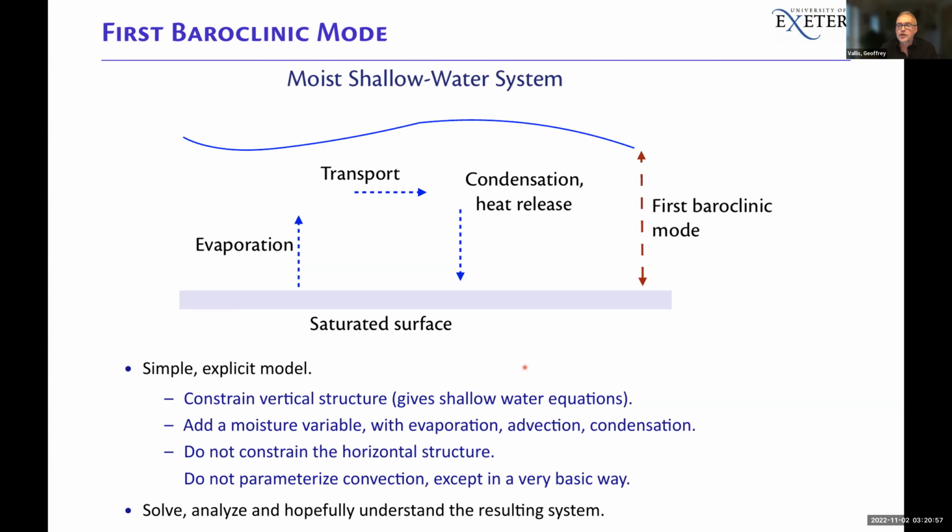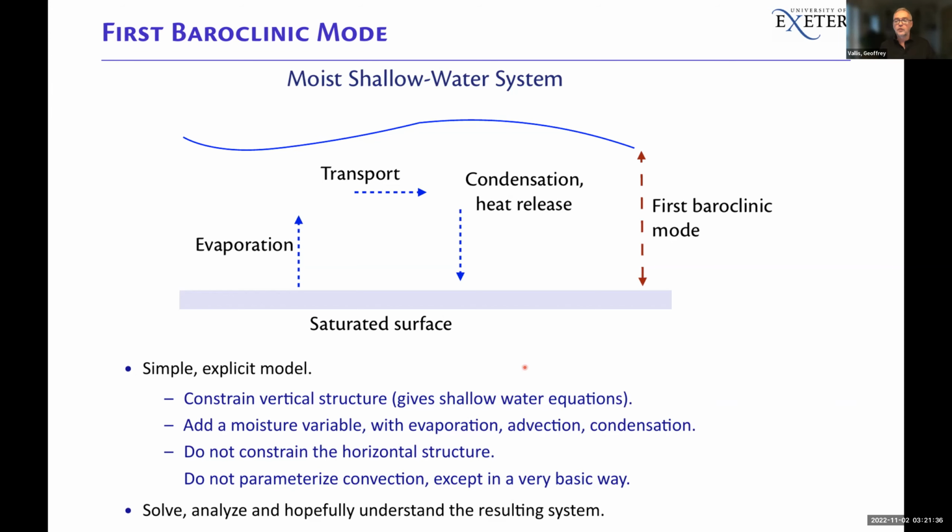And actually, in a sense, coming back to Freddie's question, I'm going to use the moist shallow water equations, which are just a single layer. But it turns out that if you take the primitive equations with vertical stratification and expand the vertical structure in terms of vertical modes, the first baroclinic mode, the first mode, gives you the shallow water equations, more or less.